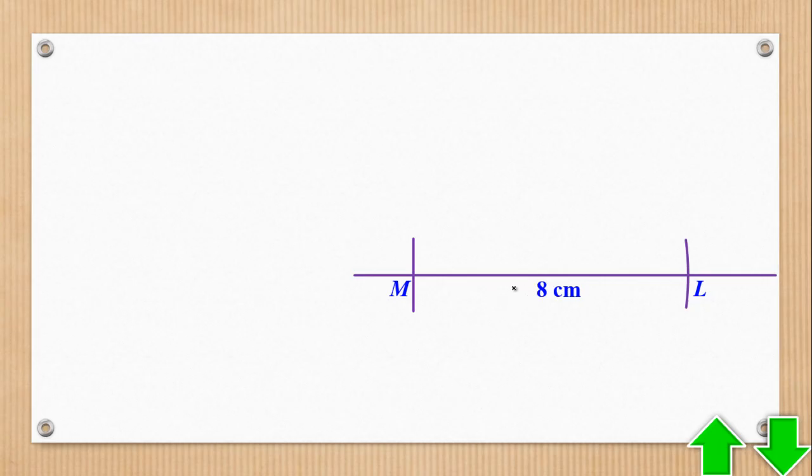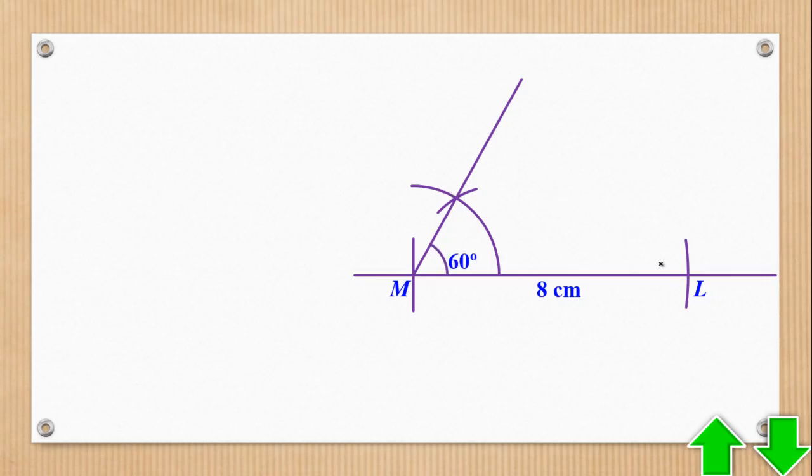Then we put our compass needle back at M and draw an arc of any radius. Our aim is to measure angle 60. Then remove the compass, maintain the same radius, put the compass needle there, and draw an arc so that they intersect. When they intersect, join M and draw a line through M and that intersection. That will be an angle of 60 degrees.